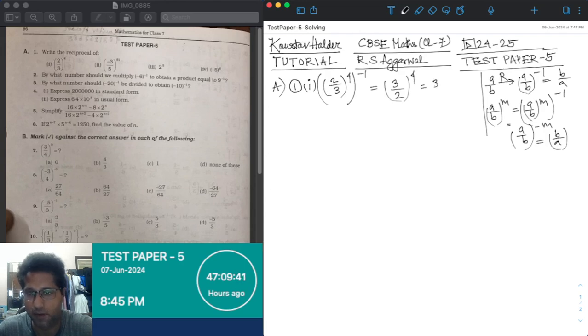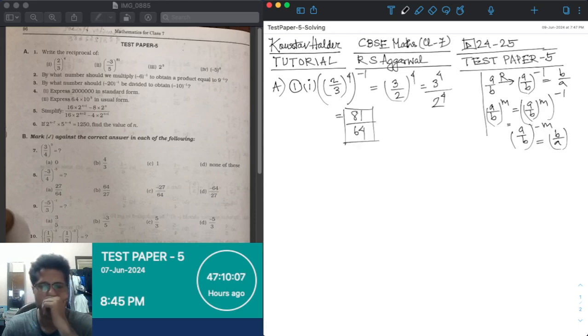This is 3 to the power 4 divided by 2 to the power 4. 3 to the power 4 is 81 by 2 to the power 4. 2 to the power 4 is how much? 64.